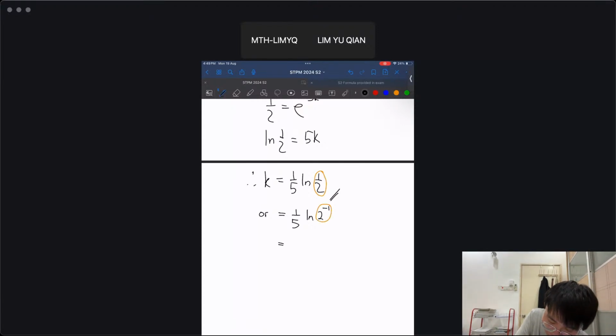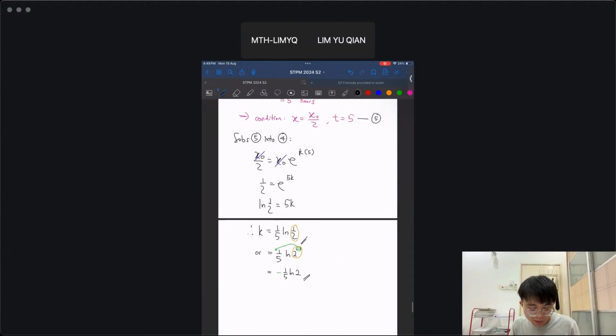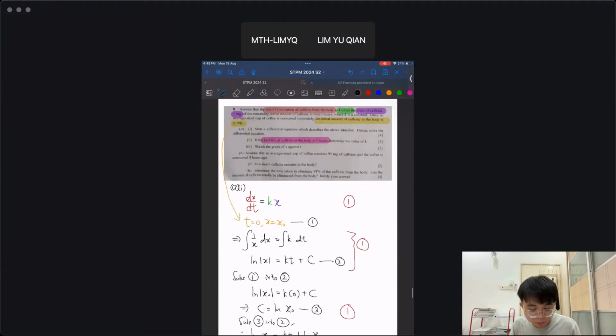So let's take the negative 1 down. So negative 1 over 5 ln 2. That's another value. I prefer the down one, but if you put the top one, I think also no problem. We get the 3 marks also.